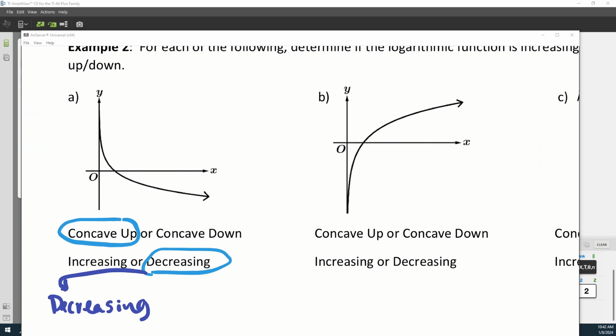It's been a while since we talked about that. Increasing. So concave up, the rate of change is increasing. So this function is decreasing at an increasing rate. That's how it's worded on your worksheet.